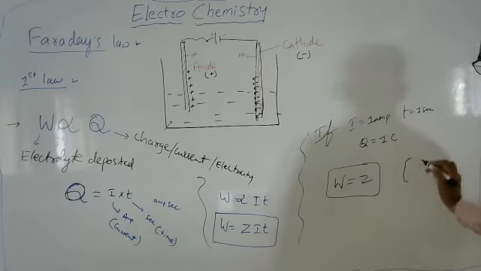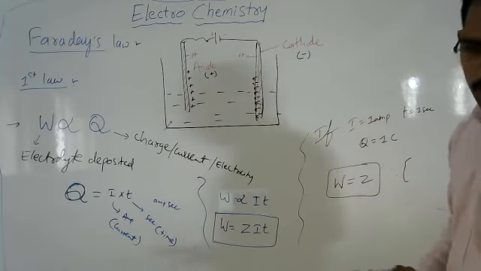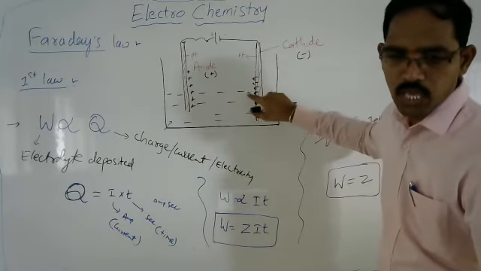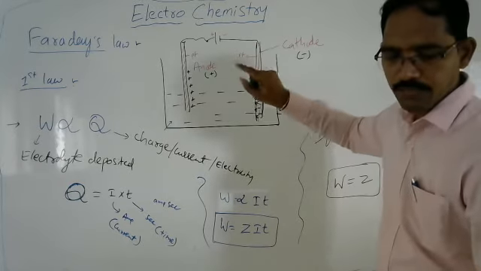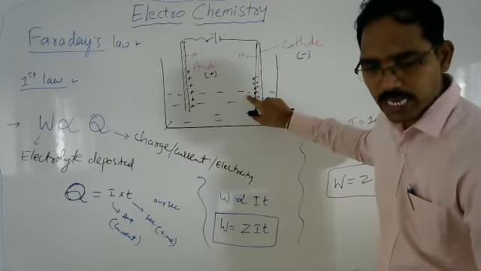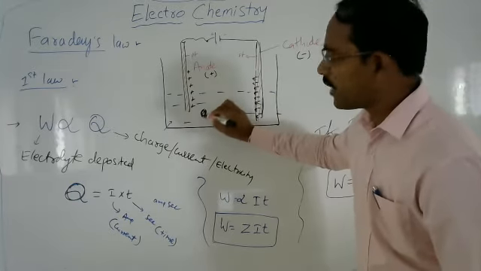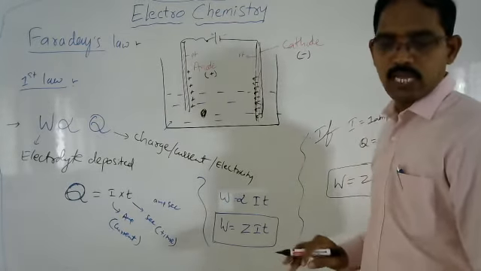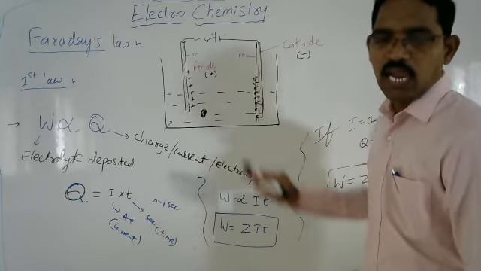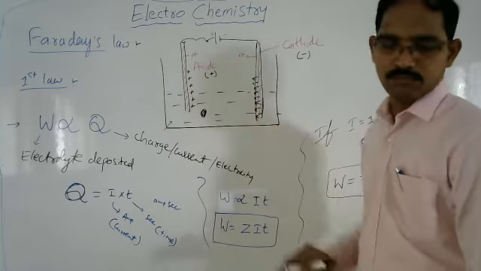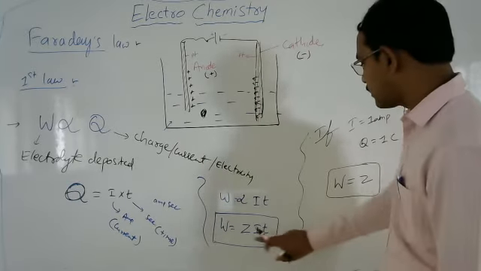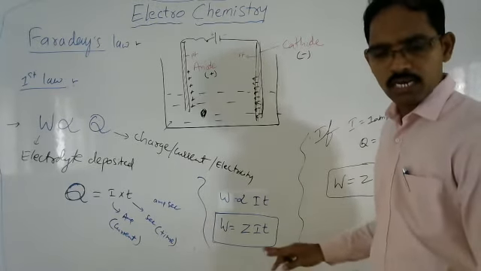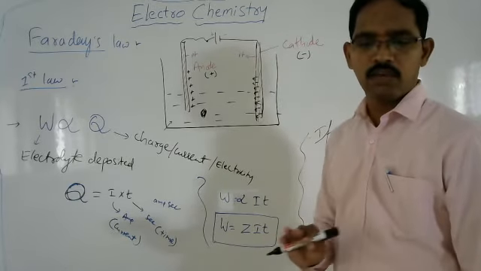Therefore, we can give one statement. Whenever 1 coulomb of charge is passing through the solution, whatever amount of metal or substance is depositing is known as the electrochemical equivalent mass, that is Z. I will tell you an easy method to calculate it. In numerical questions they never give the Z value.